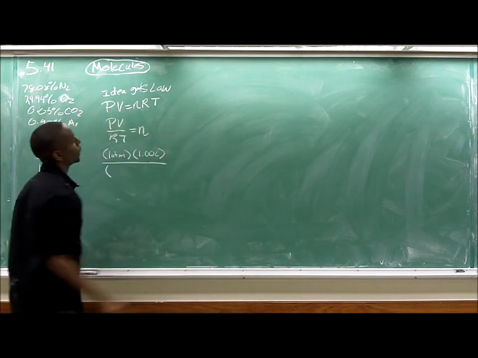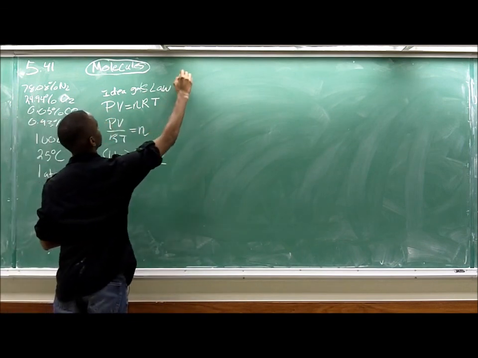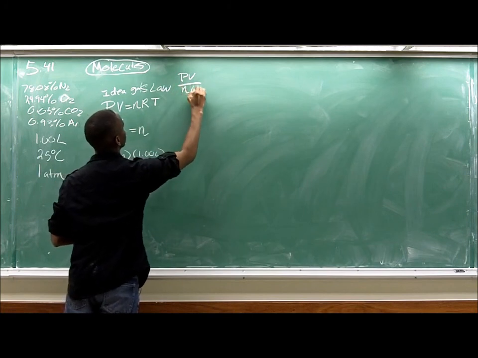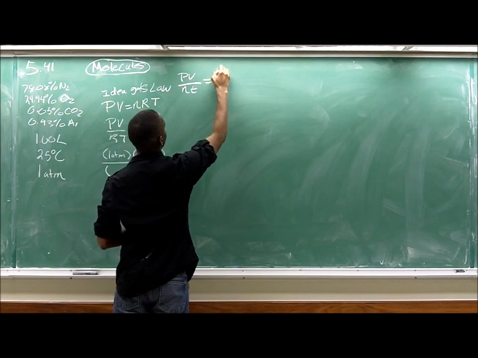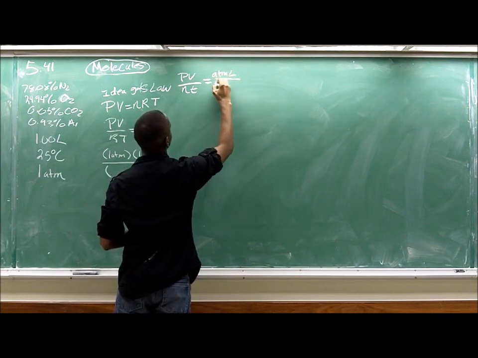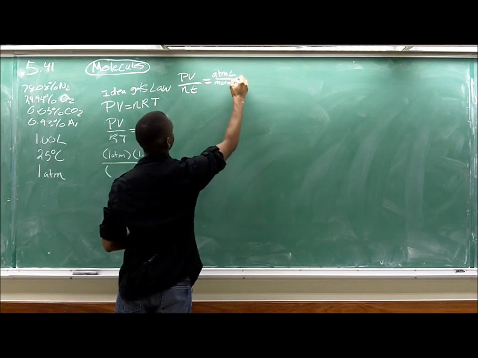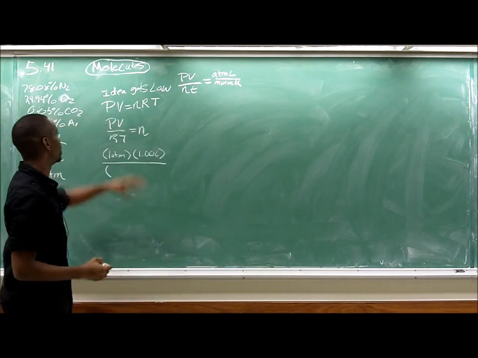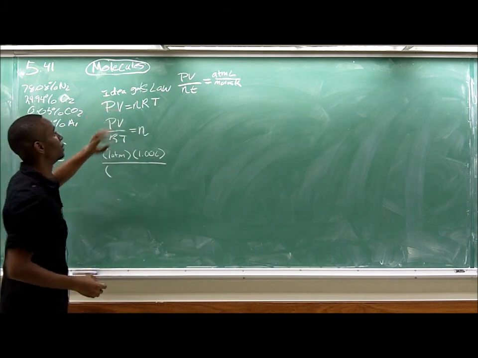R equals PV over nT, which is atmosphere times volume over moles Kelvin, the standard units we should input for this equation.